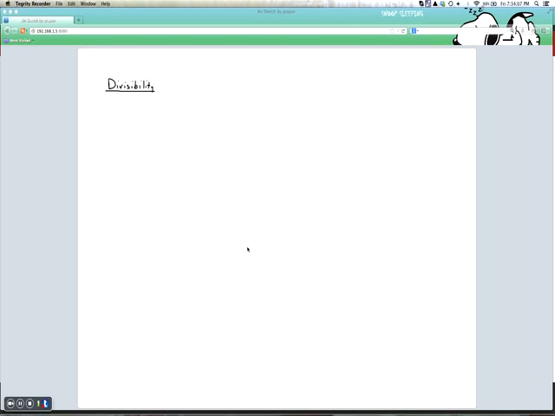So let's start by actually defining. This is in your book, but I want to kind of talk through it. I want to talk about the actual definition of divisibility. So if we have a couple of integers, a and b, and a is going to be our non-zero integer.